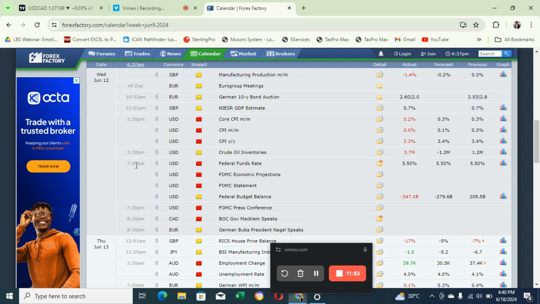Let's check another event that happened before we round it up here. This is 7:30 p.m. This does not have any color, so it shows the news may not likely have any impact.